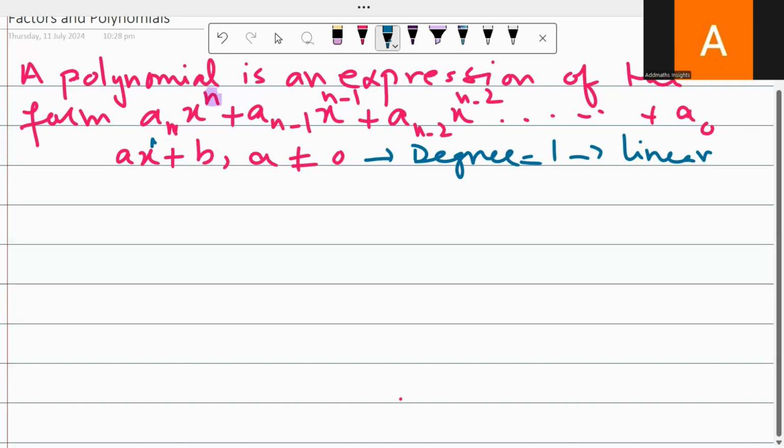When the highest power of the variable is 2, the expression will be of the type ax² + bx + c, where a is not equal to 0.